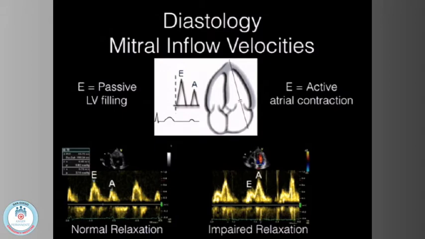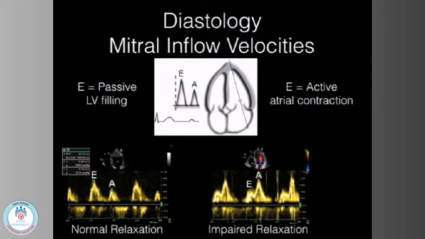And then you've got the A wave, which is the atrial kick at the end of diastole. So E, the early phase of flow from LA to LV, and then A, the atrial kick with the rest of the blood going in there. The E wave is supposed to do all the heavy lifting, and the A wave is the rest of it. That's why the E wave should be larger than the A wave.